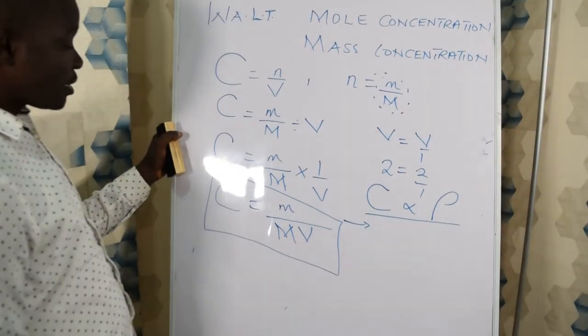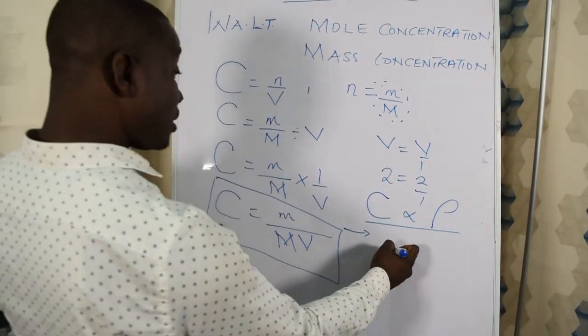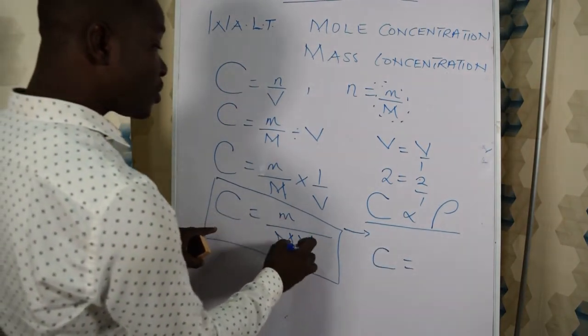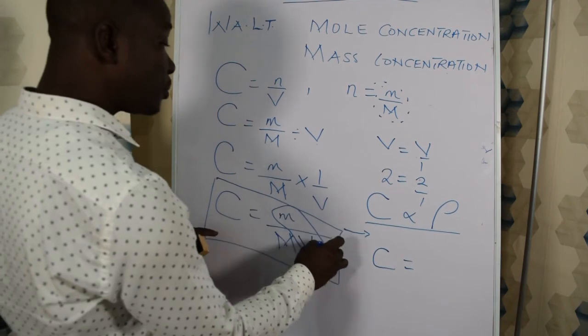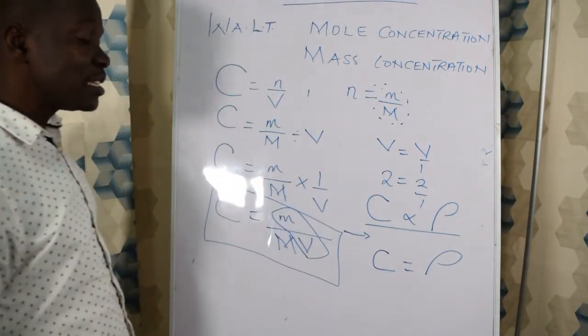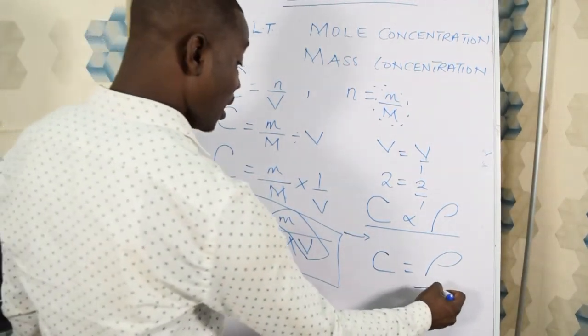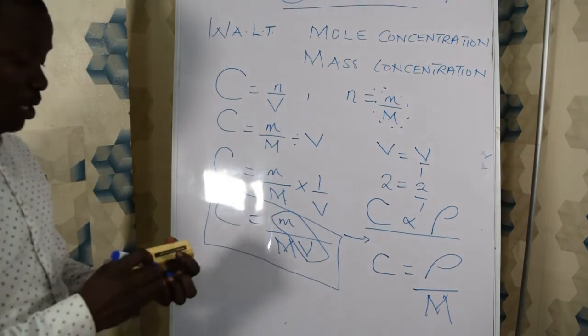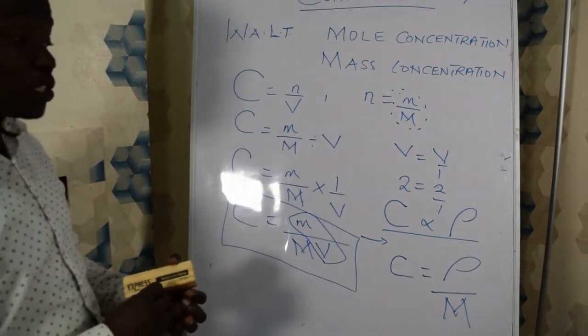Because I've realized that, yes, I can maintain this C, but mass over volume represents molality, mass concentration, and then I bring my molar mass. That's another formula that we can develop and use in calculation.